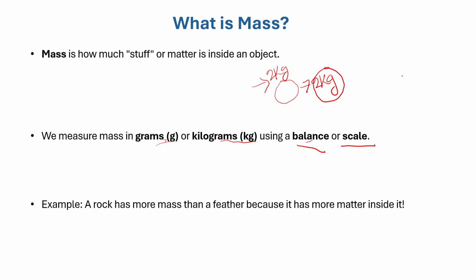For example, as I said, a rock has more mass than a feather. So a rock has an irregular shape and it has mass in it, suppose 2 or 3 or 4 kilograms.